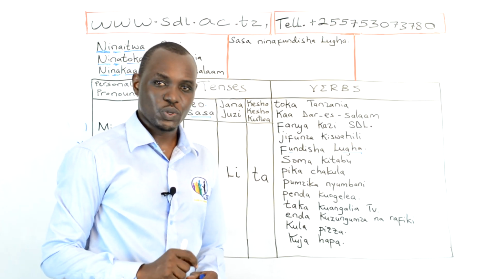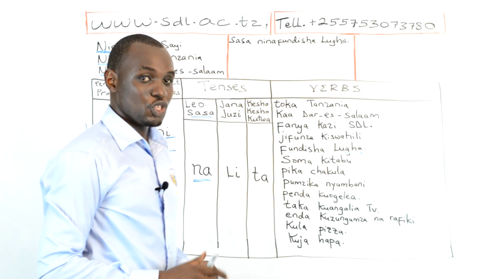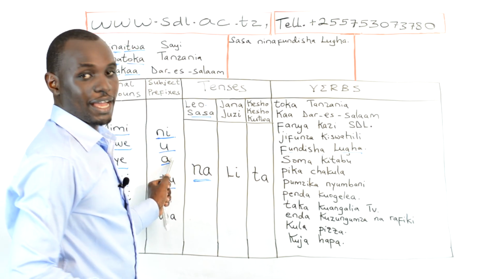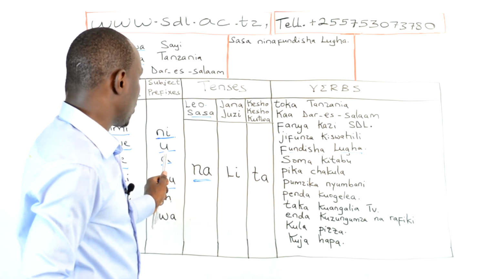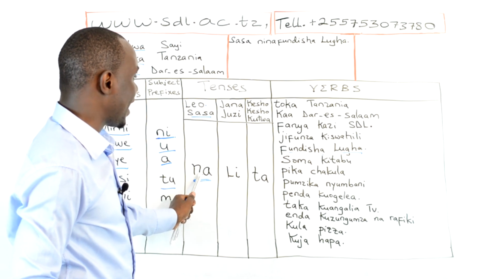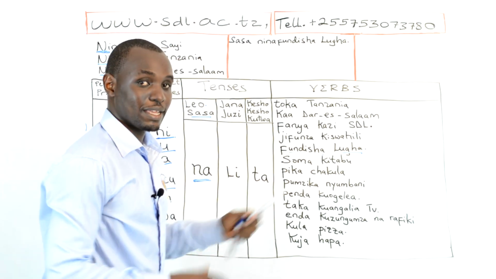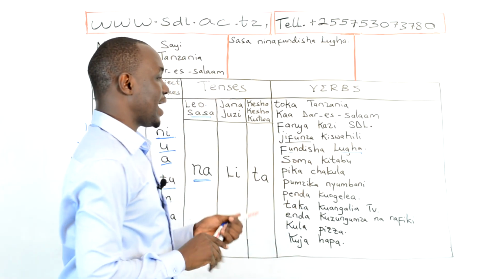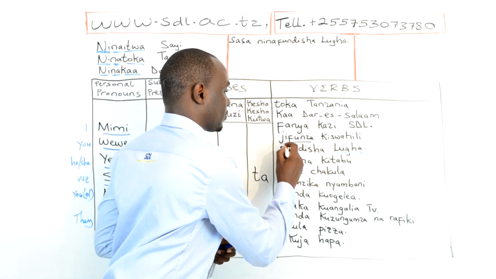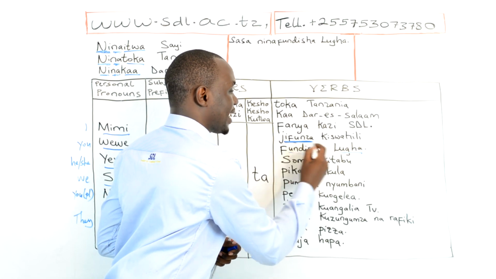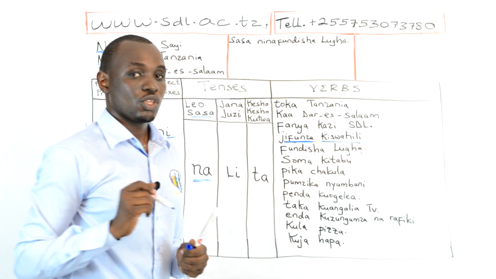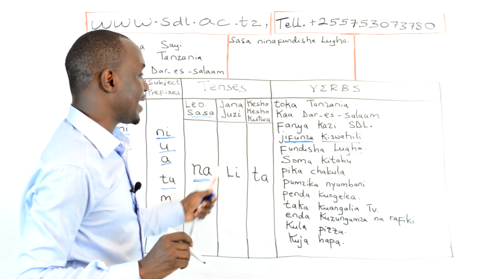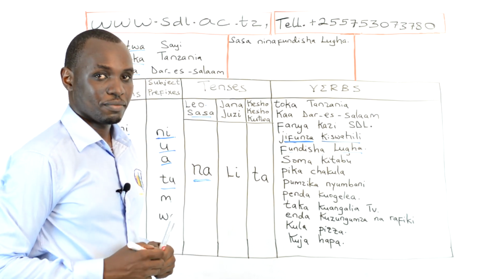Remember the subject prefix for you is u. So it will be u na, to learn. Do you remember the verb to learn? Jifunza. So unajifunza. Unajifunza Kiswahili. It means you are learning Swahili.